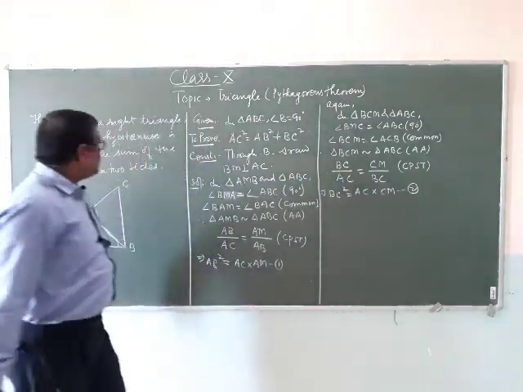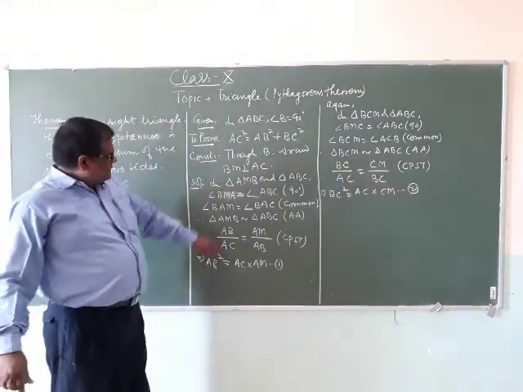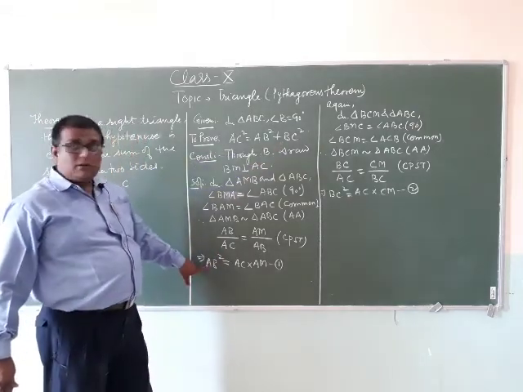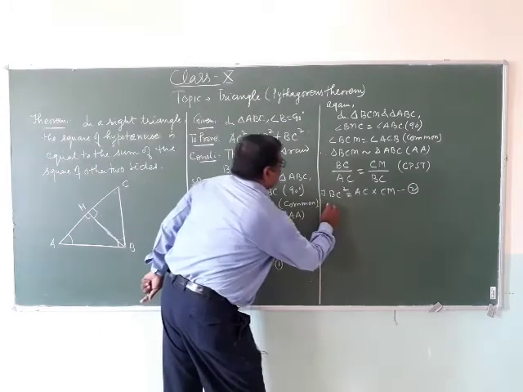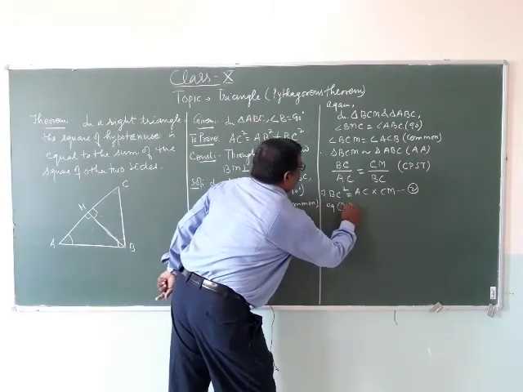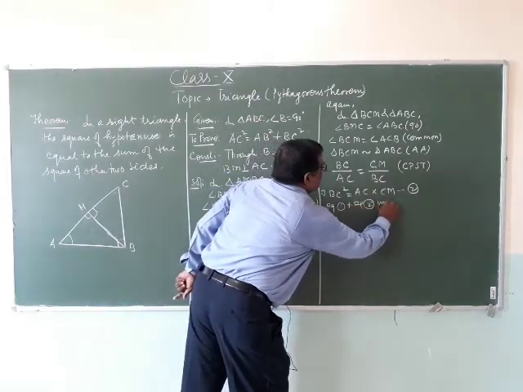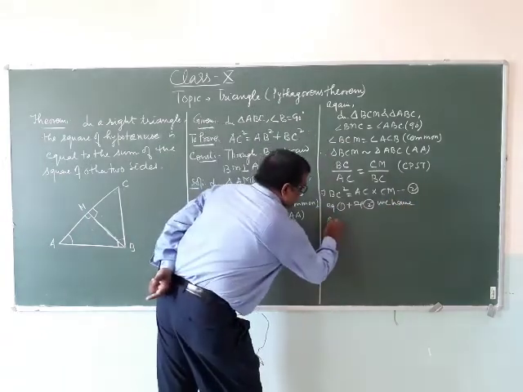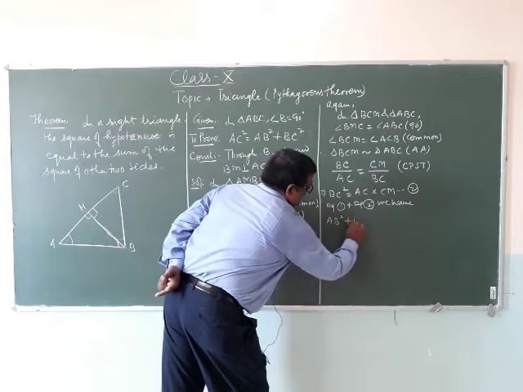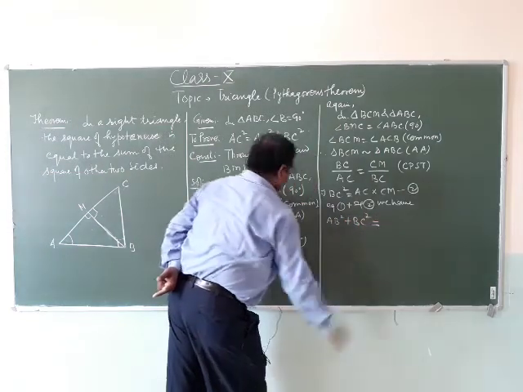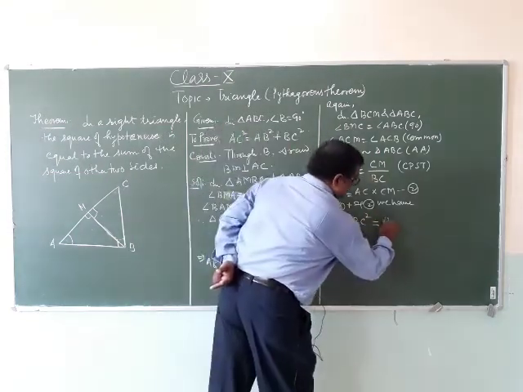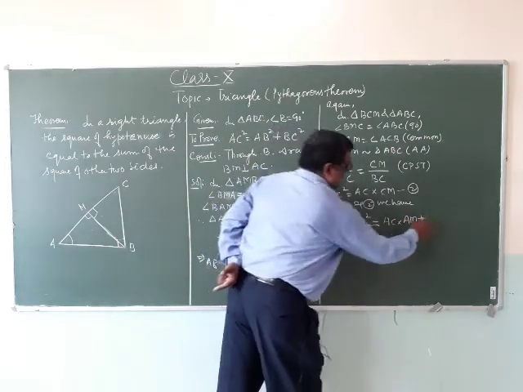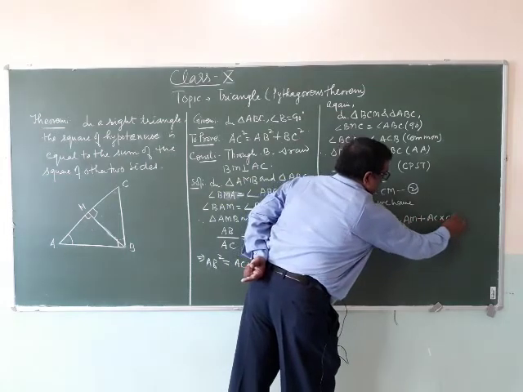Now look here, our proof is AB square plus BC square. Adding equation 1 and equation 2, we have AB square plus BC square is equal to AC into AM plus AC into CM.